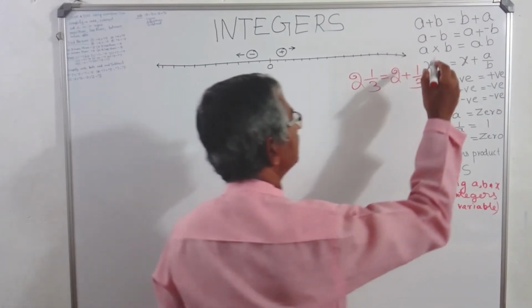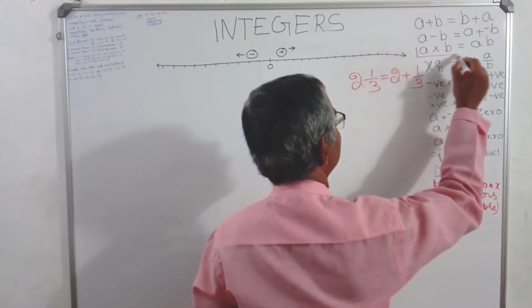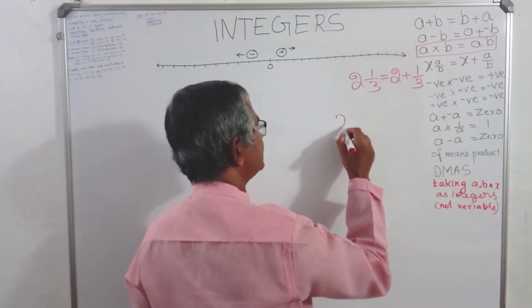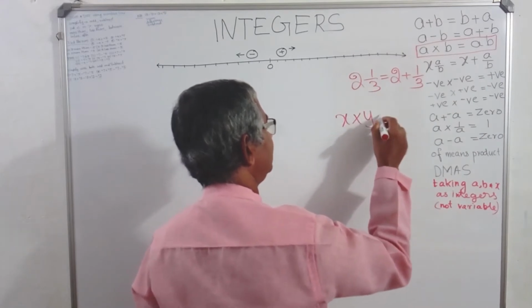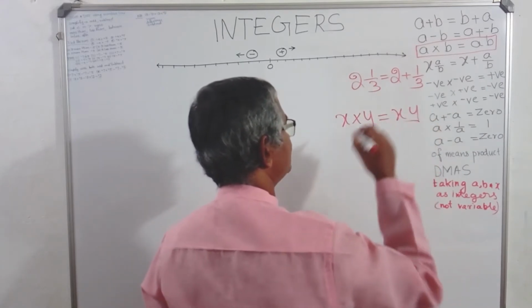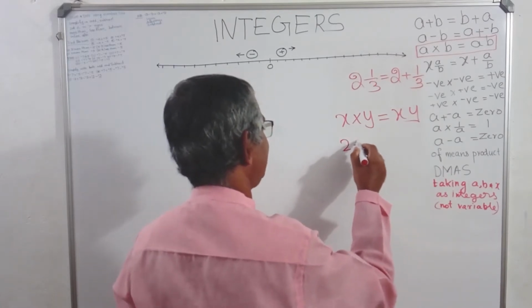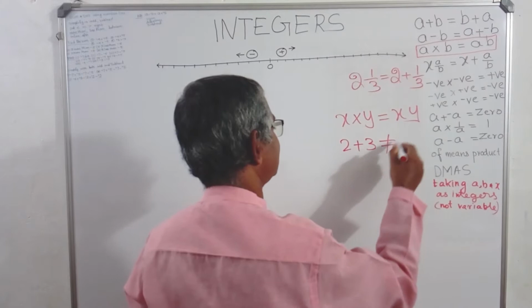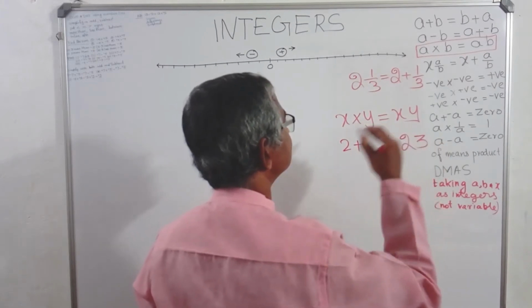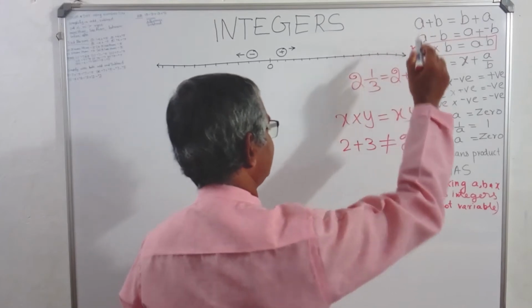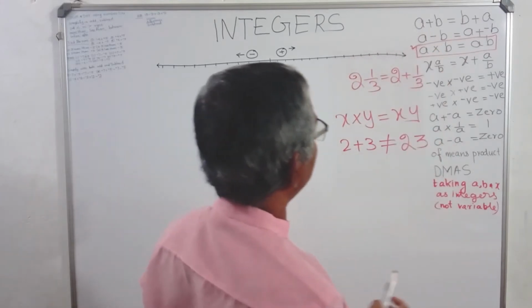But if you are considering it as variables, for example, x into y is equal to xy, usually written. Not 2 plus 3 as 23, we are not writing like that. So, it should be remembered.